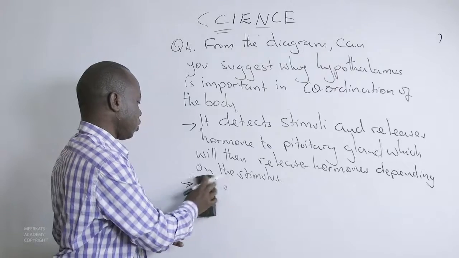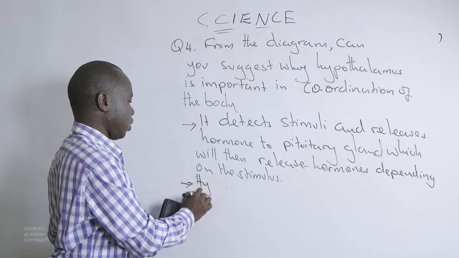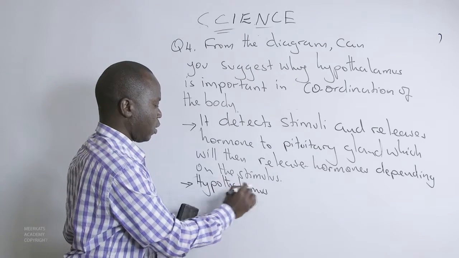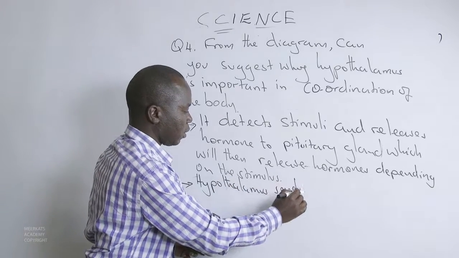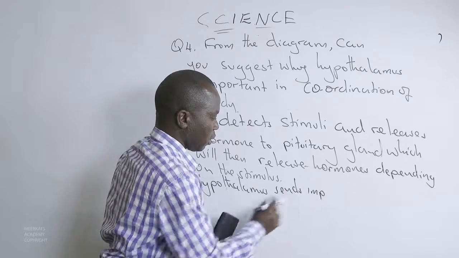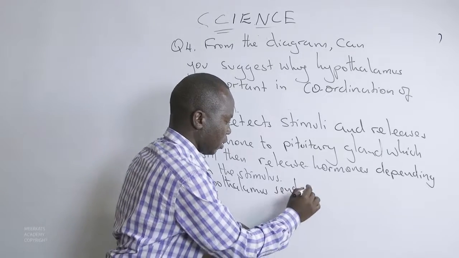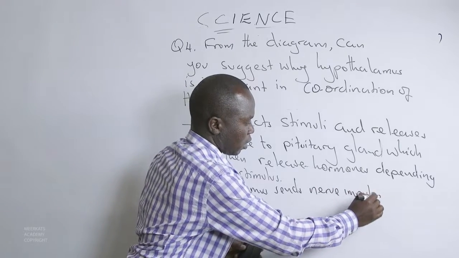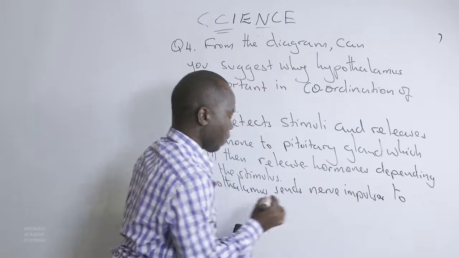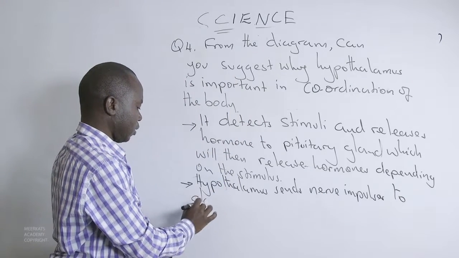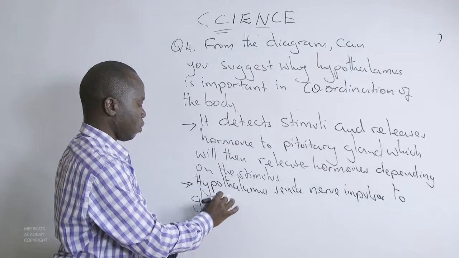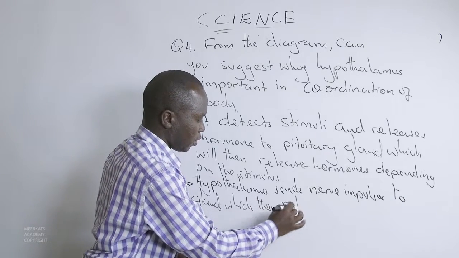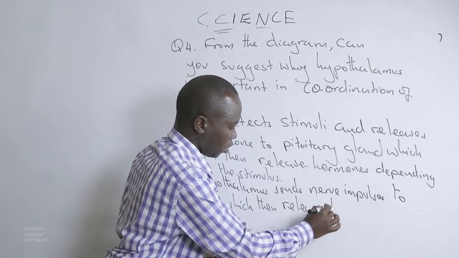So we can say that the hypothalamus also sends nerve impulses to glands, which then release hormones.